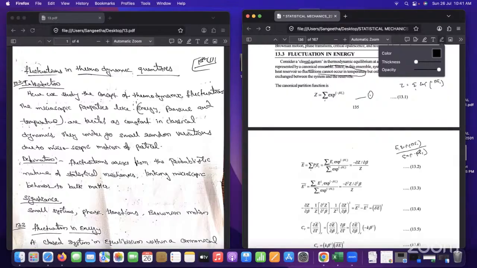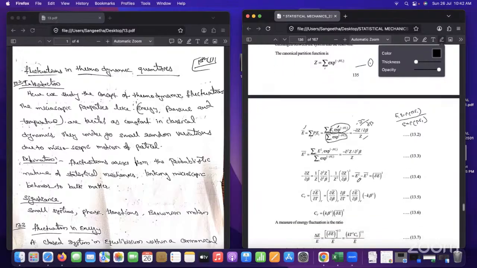So writing this as an energy function, E bar is the energy function. This denominator term, exponential of minus beta E_i, is representing the partition function Z, and the numerator, E_i times exponential of minus beta E_i, is representing what? Minus dou Z by dou beta.